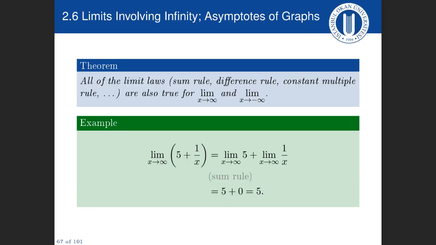So you can use the sum rule if we're talking about this example, for example. The limit of 5 plus 1 over x is the limit of 5 plus the limit of 1 over x.